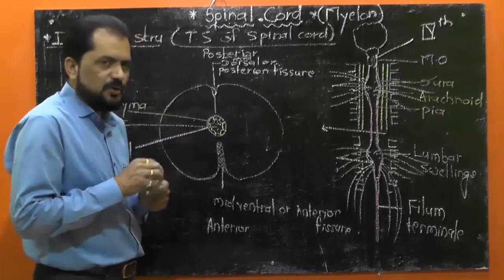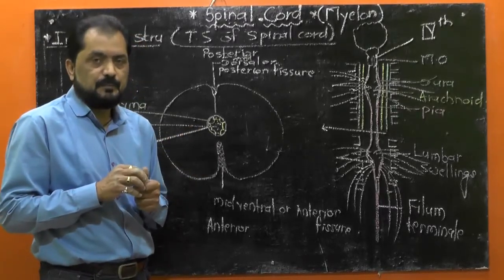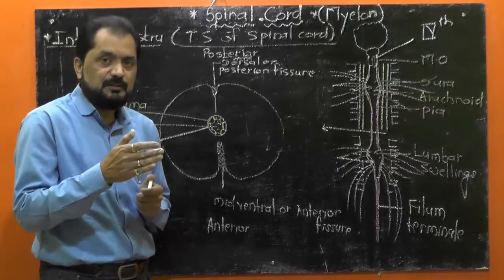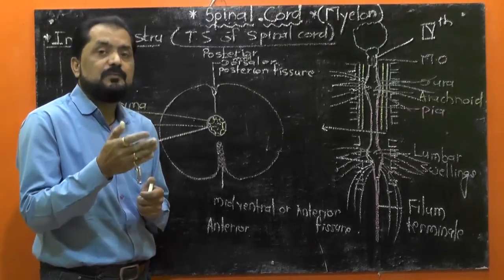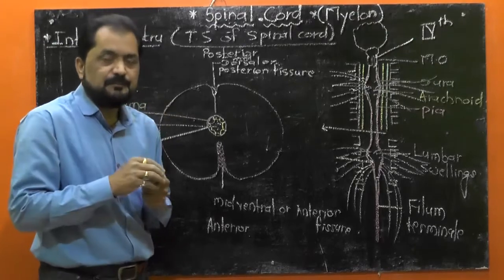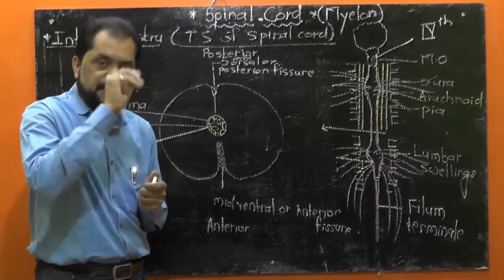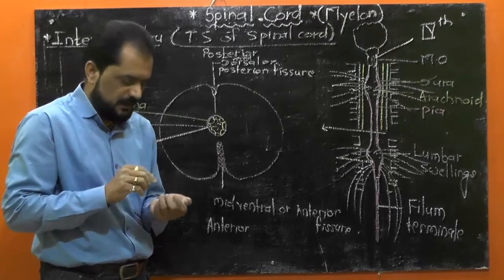The central canal is surrounded by inner H or butterfly shaped gray matter and outer white matter. Please look at the diagram.